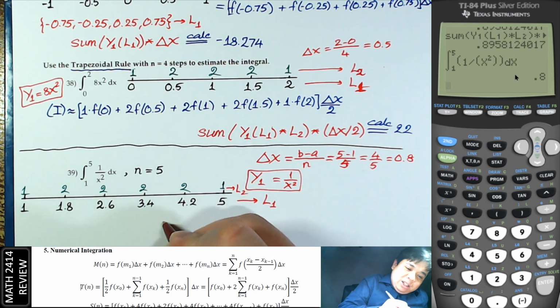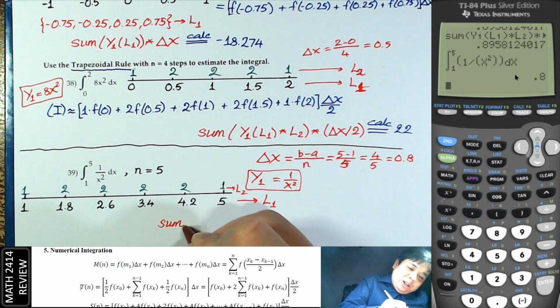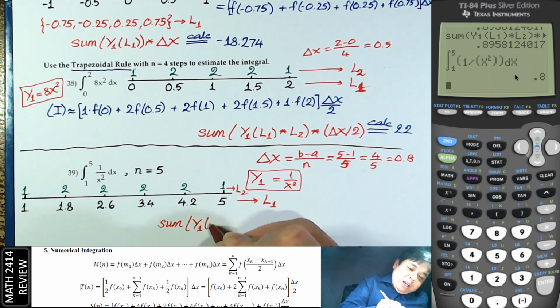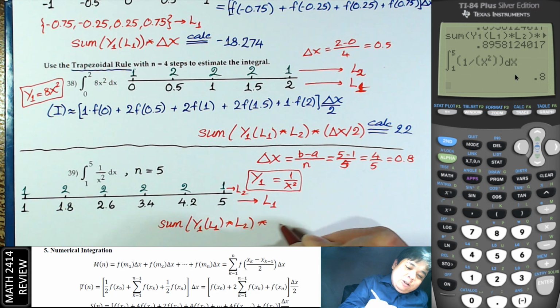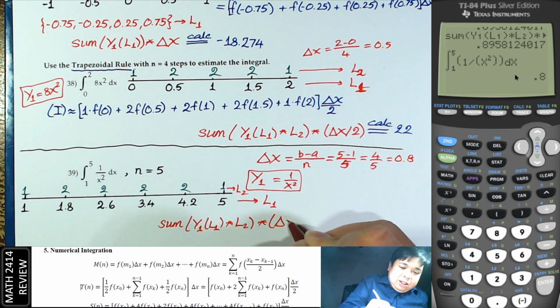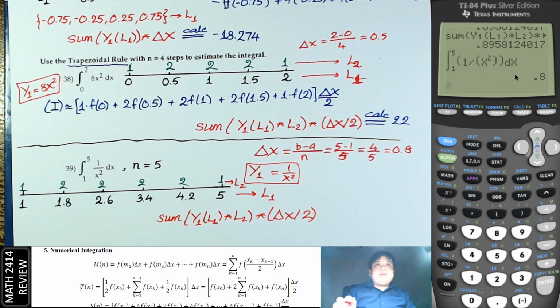So let me write this again. Summation of y1 of L1 times L2 times delta x divided by 2. So that's the trapezoid rule.